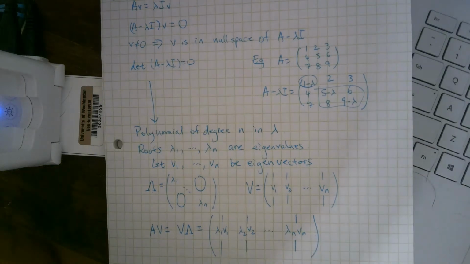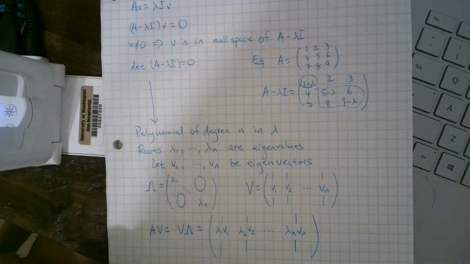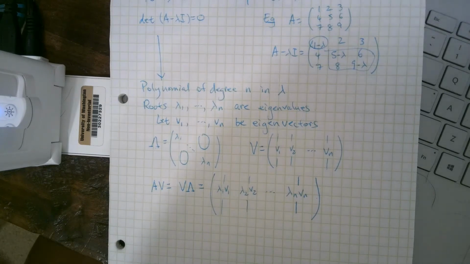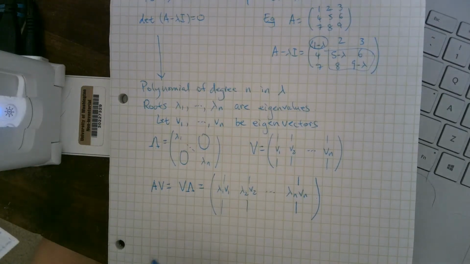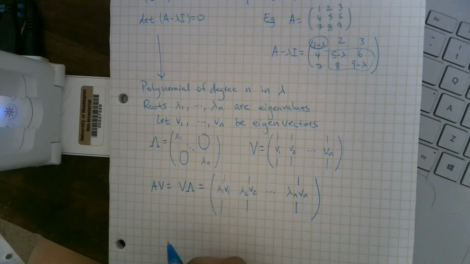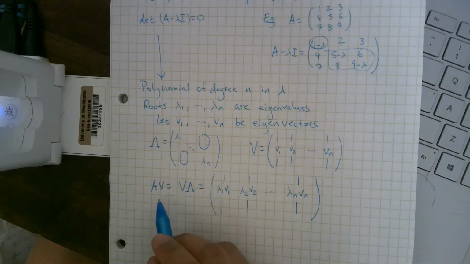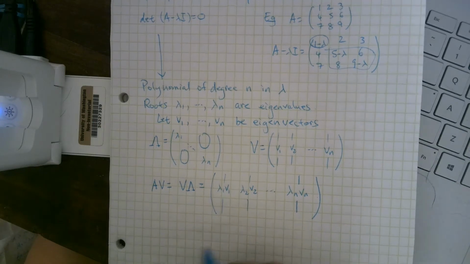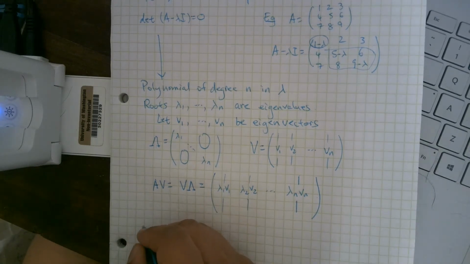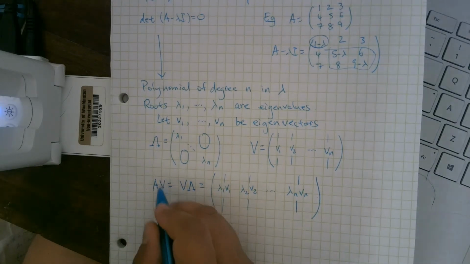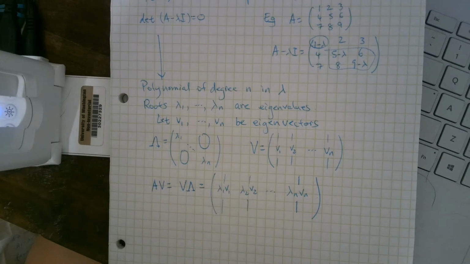I mean, we know that the columns will add to 1, but that's all we know about. It might be ugly. So we want to try to get A by itself. How do we do that? We basically need to take an inverse for V. That's how we'll be able to get A by itself.